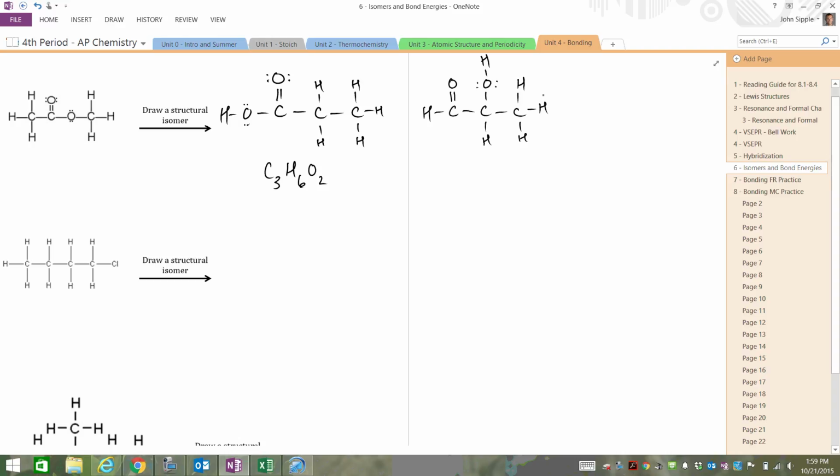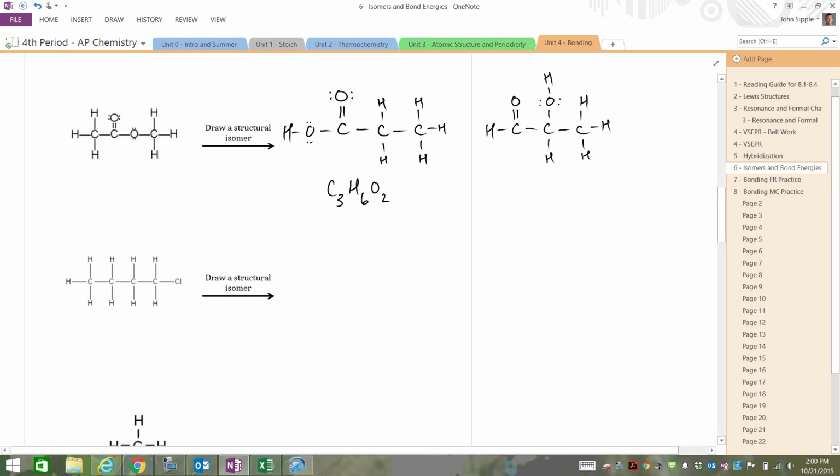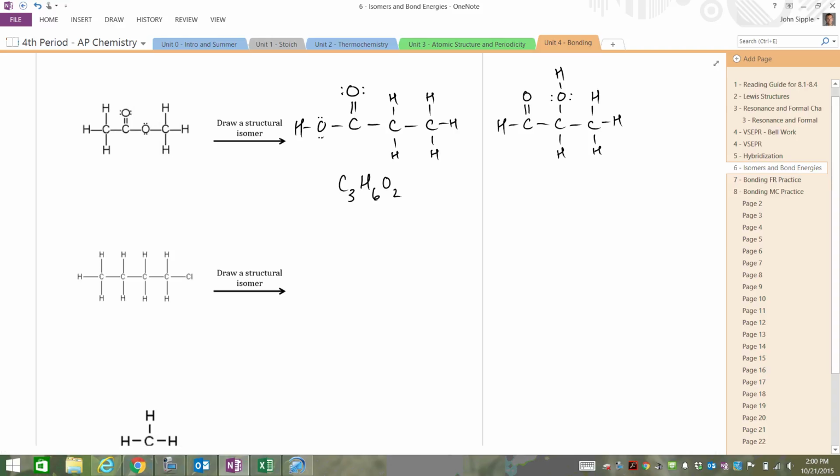Okay, so it's the same formula, different structure. Okay, so for the next one, let's draw a couple of these here.